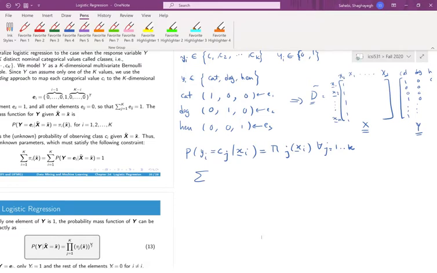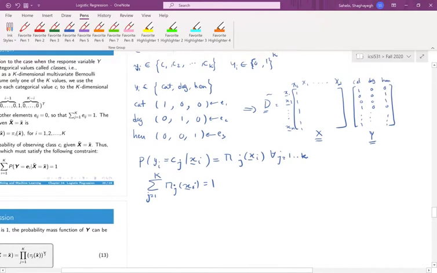So the summation of pi j of xi, j equal to 1 to k, should be equal to 1 for all of our data points. So pi sub j should be defined such that the summation of pi sub j's is equal to 1, so that it remains a probability. Our goal is to find a good pi sub j function for all of our classes.